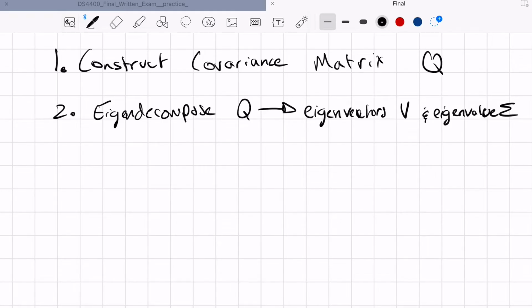Really what this means is Q is equal to V sigma V negative 1. Oh, there's no transpose here. So we need to diagonalize Q.